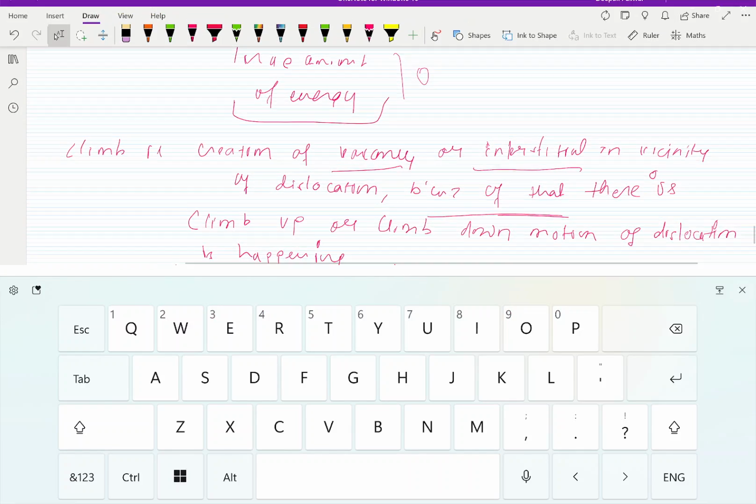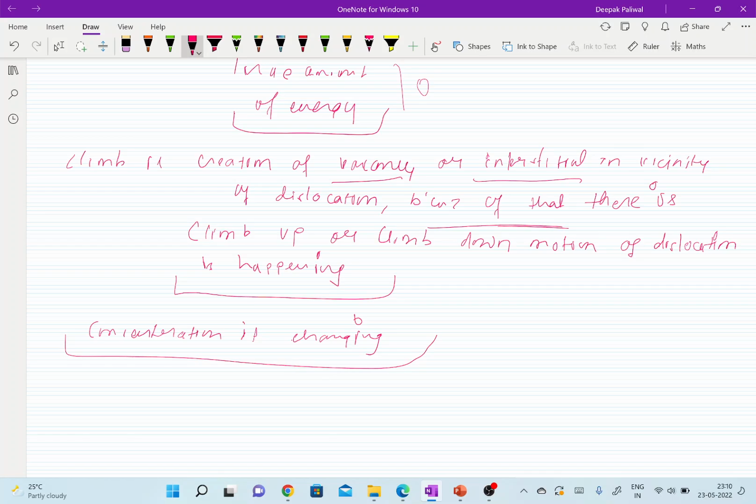That means there is involvement of chemical force, then only this kind of thing is happening, because you are changing the concentration, and concentration is changed by the chemical force. That means there are some chemical forces associated, and some mechanical forces are also associated. So we are talking here only about the chemical force. So what type of chemical force and how we can deduce the equation.